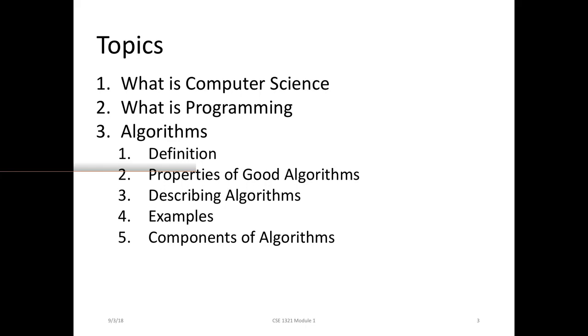So the task is our problem, right? A task is a problem. We will write some code to solve our problem. This is what in computer science is called programming.